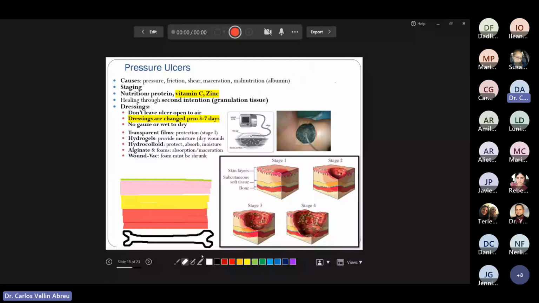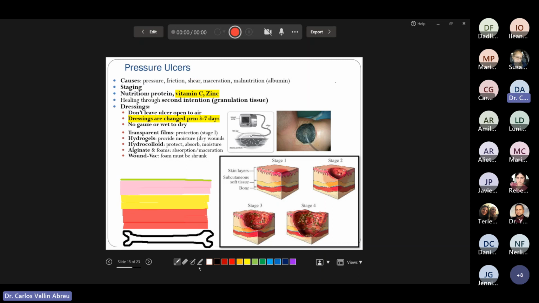It's important to teach the CNAs to use the draw sheet, the sheet that we put under the client, to lift and move, not to pull and slide against the mattress.